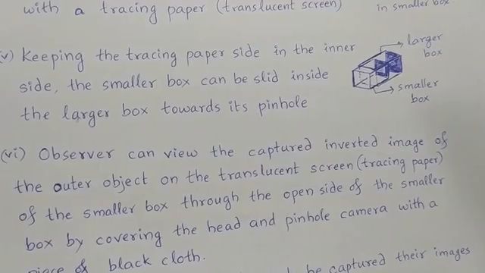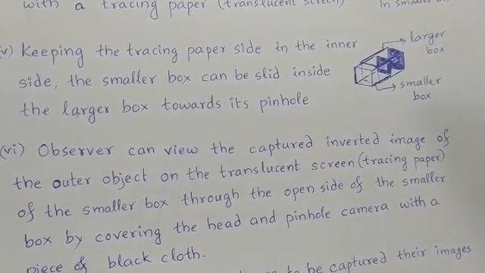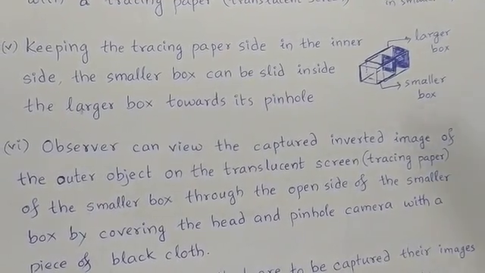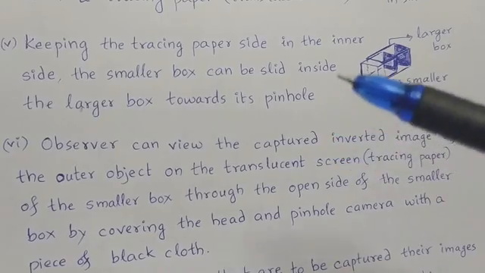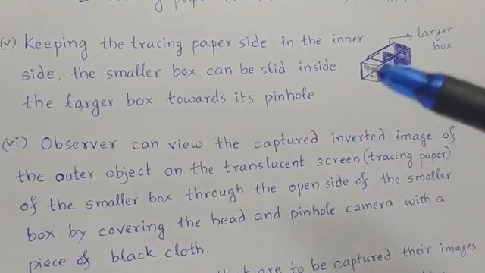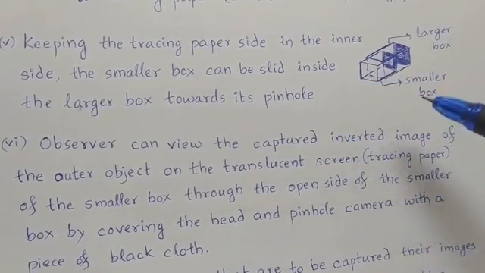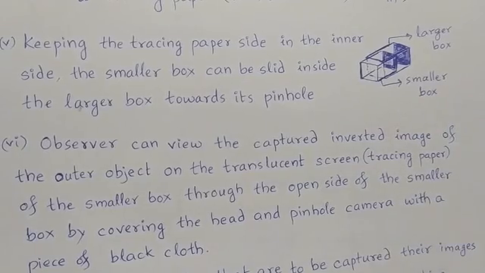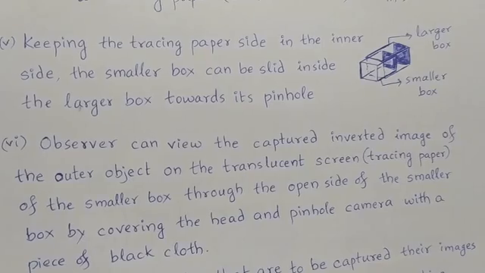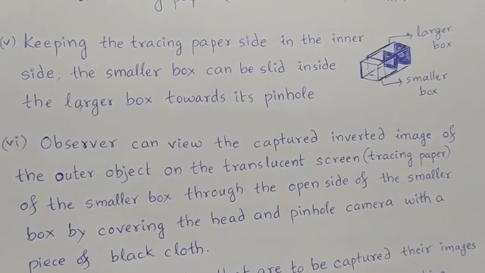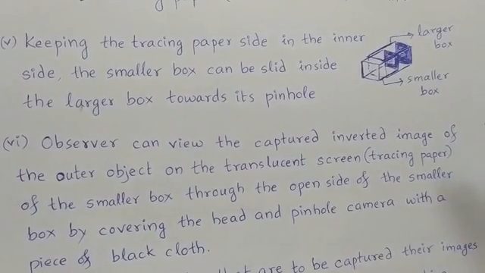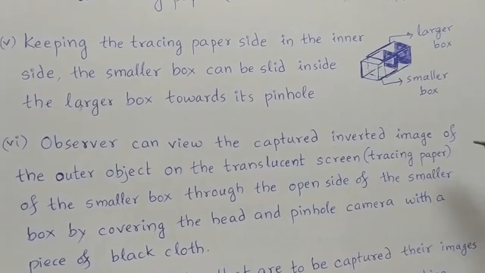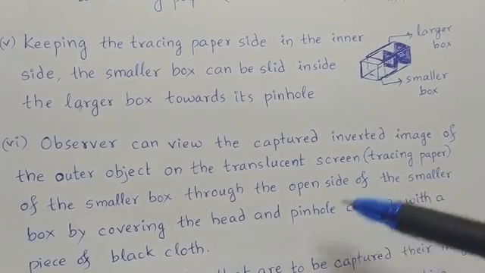Then how to use this pinhole camera is explained in the 6th point. The observer can view or watch the captured inverted image of the outer object on the translucent screen or tracing paper of the smaller box through the open side of the smaller box.